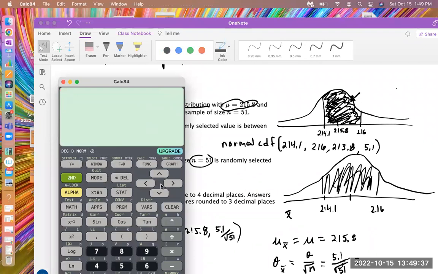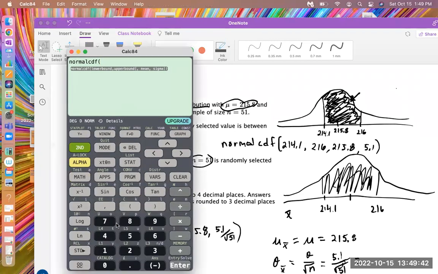Go to second vars and then put normal CDF. Put the lower bound in, 214.1. And then the upper bound, 216, and then comma, the mean 215.8, comma, 5.1 divided by second square root of 51.